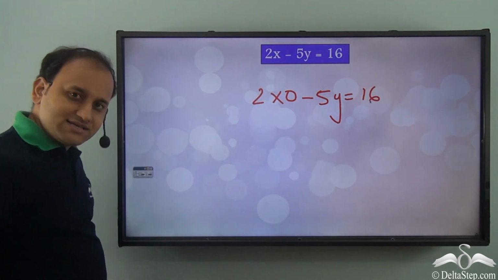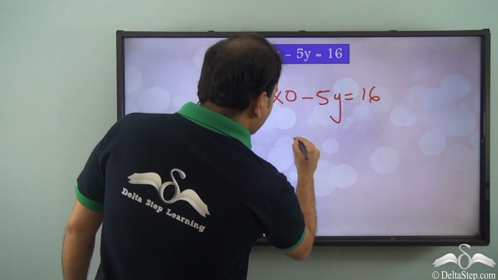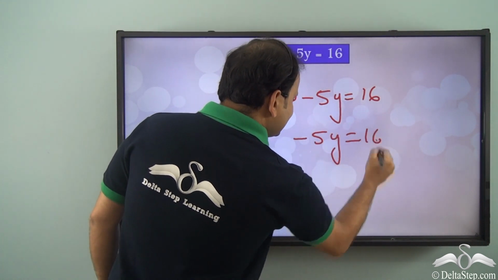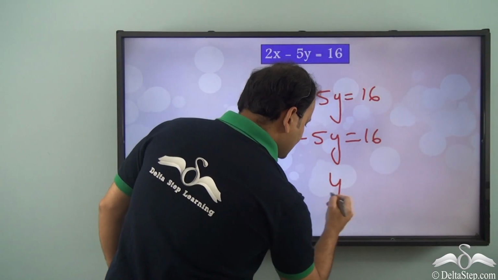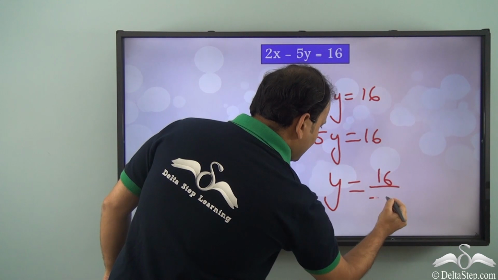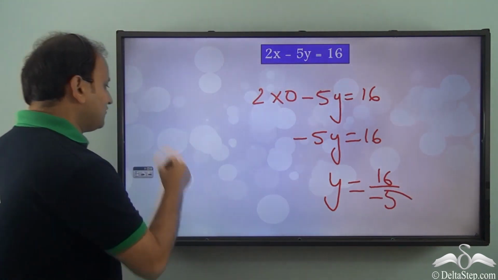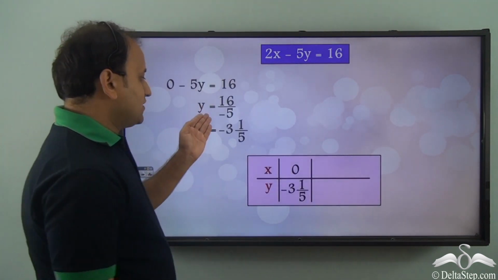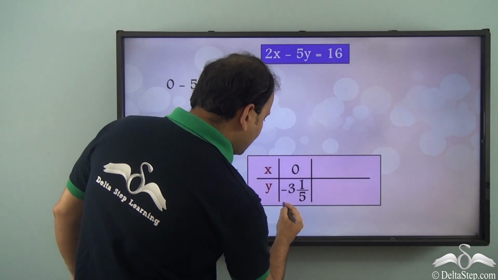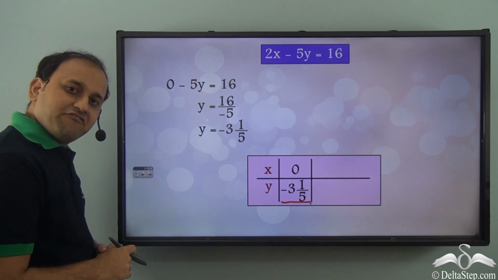Now 2 into 0 is 0, right? So we'll have minus 5y is equal to 16, or y is equal to 16 by minus 5. When you solve for it, you will get minus 3 1 by 5. So when we take x as 0, we get minus 3 1 by 5.